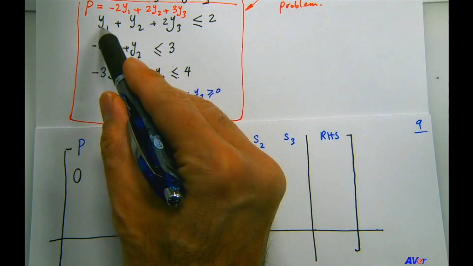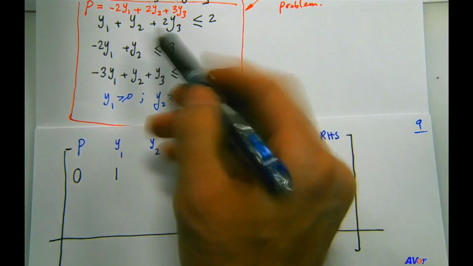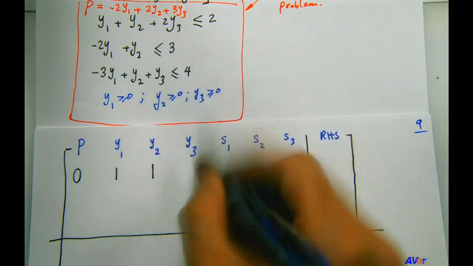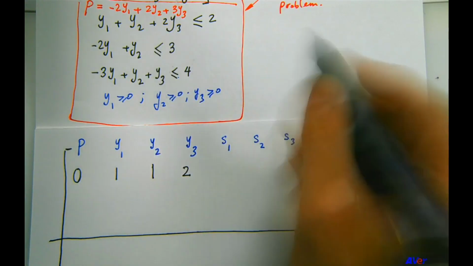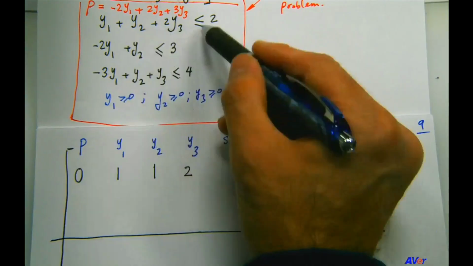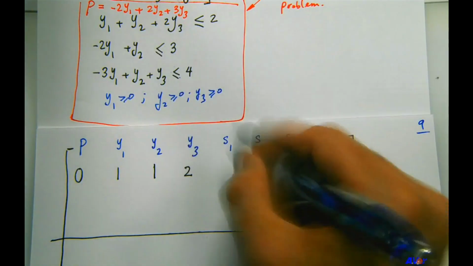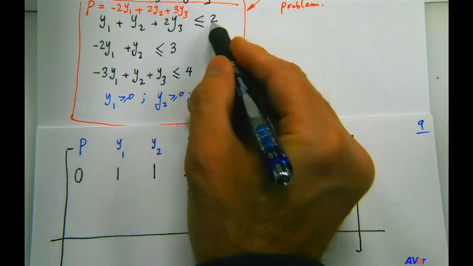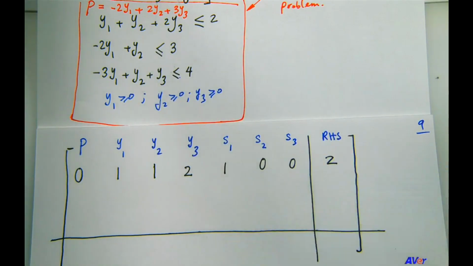Then the coefficient of y1 would be 1, for y2 would be 1, for y3 would be 2. For S1, we would have S1 in that inequality to convert it to an equality, so 1, and then no S2 or S3, and of course the right-hand side, which is 2.